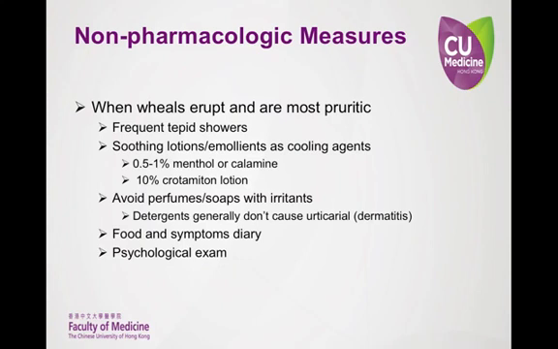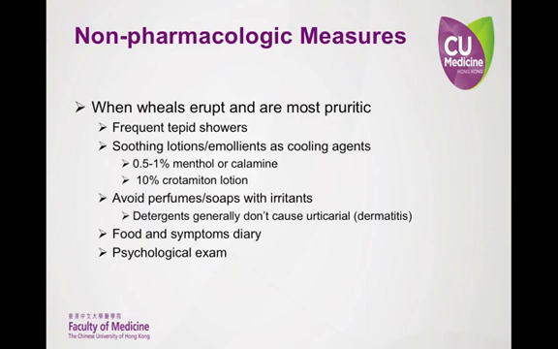Some non-pharmacologic measures may also be recommended to help patients cope with symptoms. When the urticaria is at its itchiest, frequent lukewarm showers may be helpful. Showers that are too hot or too cold can make it worse. Soothing lotions and emollients can provide some relief as well.